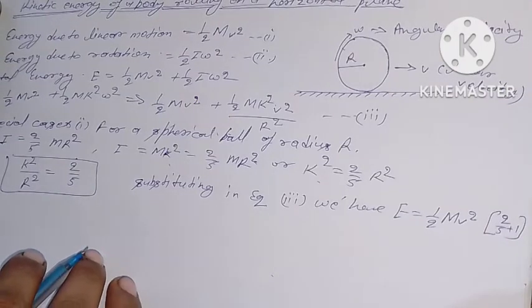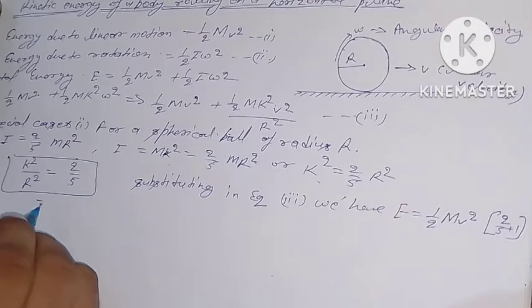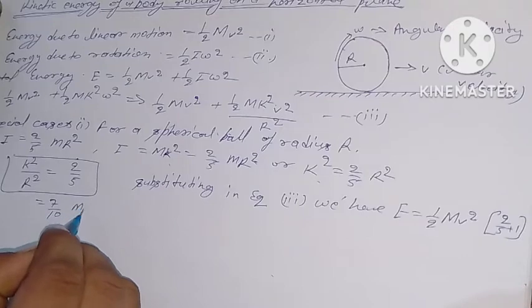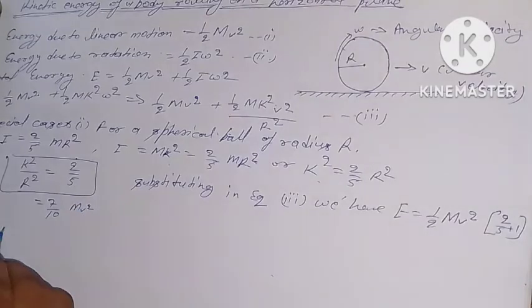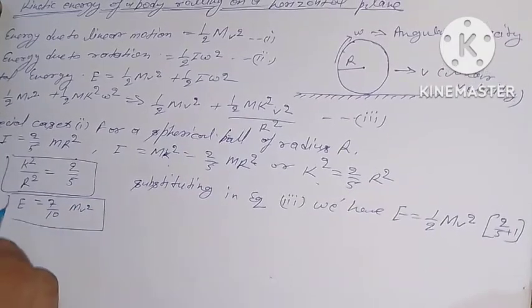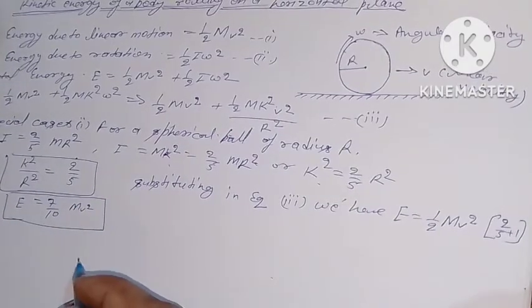That is 7/10 capital MB square. E equal to 7/10 capital MV square.